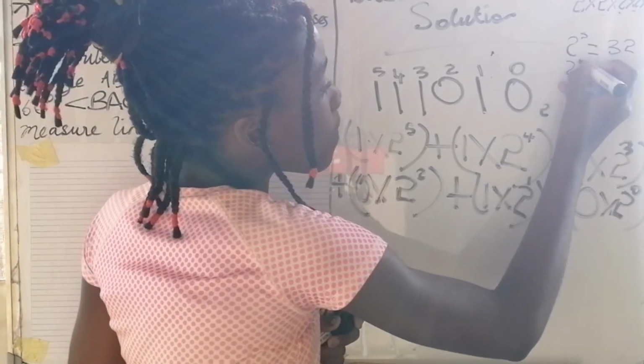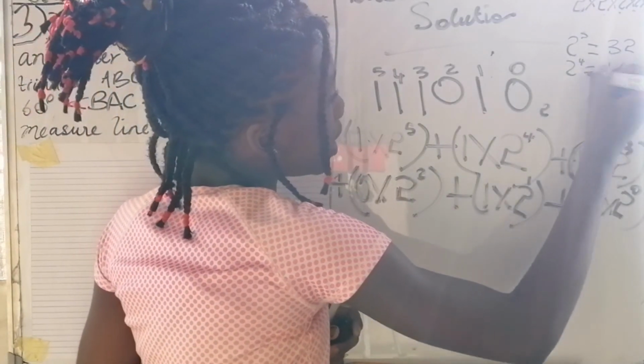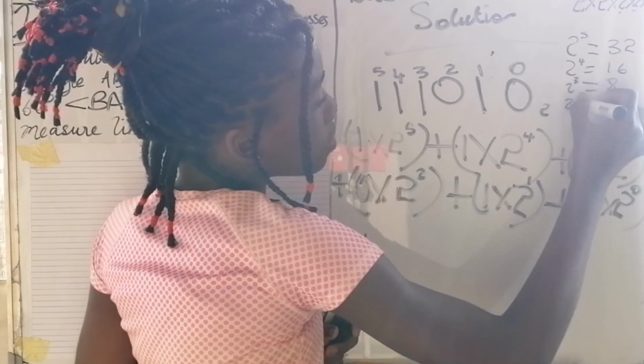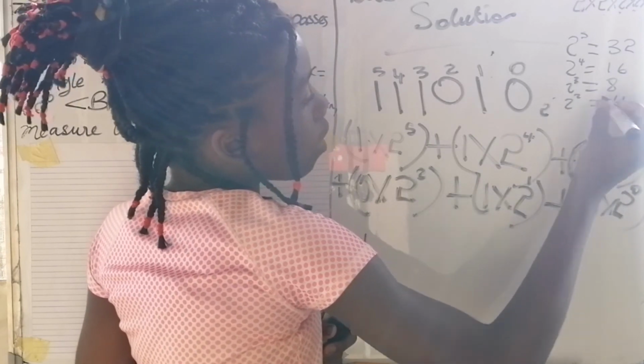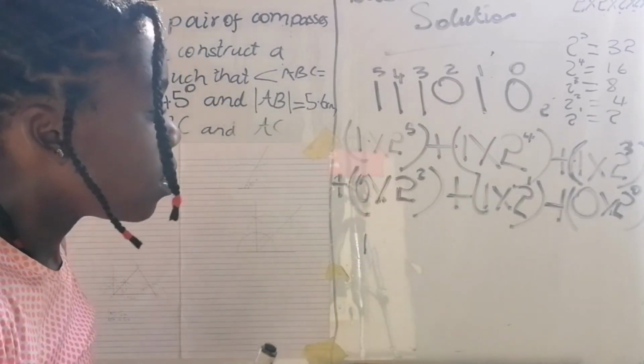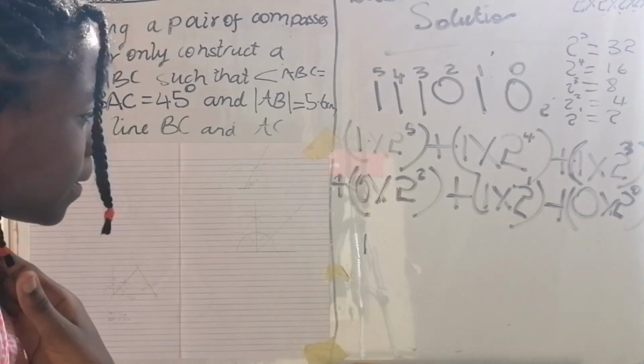So 2 raised to the power of 4 will be half of it, 16. 2 raised to the power of 3 is 8, 2 raised to the power of 2 is 4, and 2 raised to the power of 1 is 2.